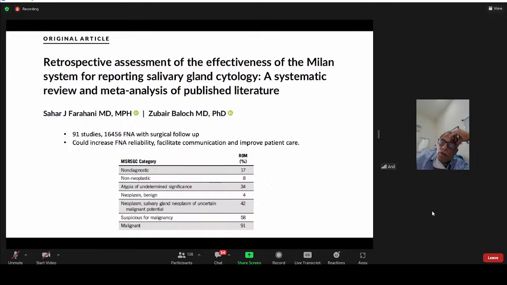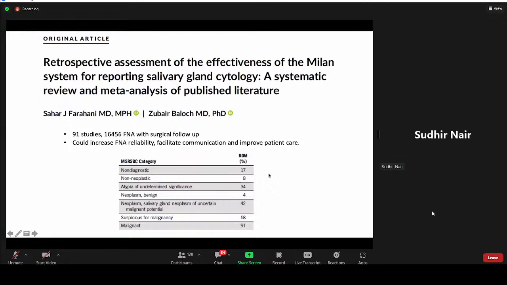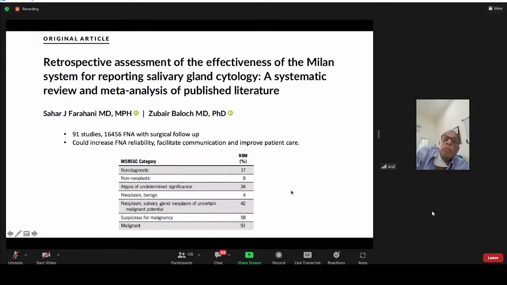And for the majority of salivary gland lesions, I need my pathologist's information on whether I'm going to avoid surgery if they tell me it's non-neoplastic, whether I can alter or modify my approach, like for example, if it's a lymphoma, or whether I can plan my surgery better if they tell me it is malignant disease, or if they tell me it's malignant and I have to search for a metastatic site elsewhere.